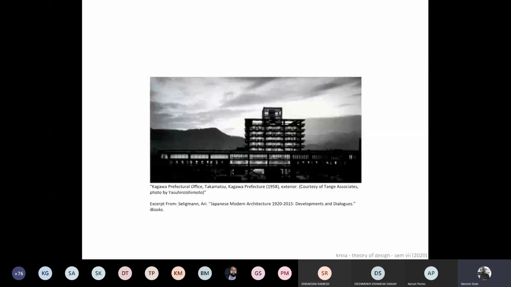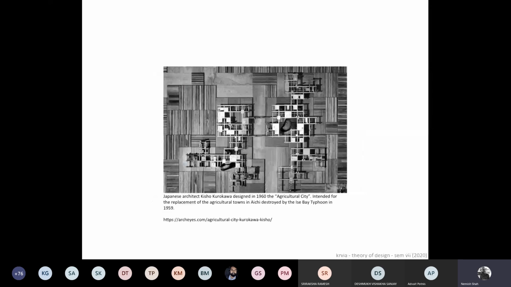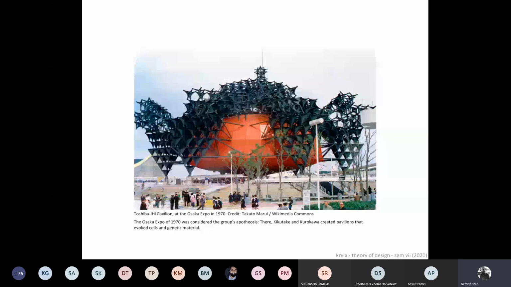And these are just some examples of Kisho Kurokawa, Arata Isozaki, Kiyonori Kikutake, who designed these buildings. This is the new pavilion. This is in 1970, the Toshiba pavilion, which is made of these DNA cells actually. They represented the cellular structure of human beings, and this was just after the understanding by Crick and Watson of the DNA.